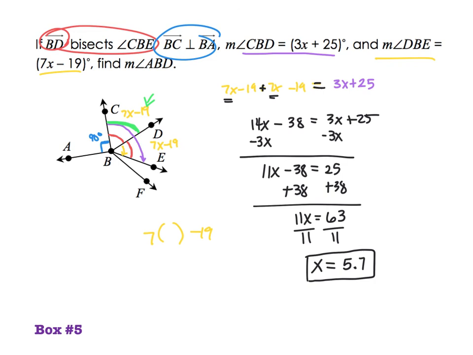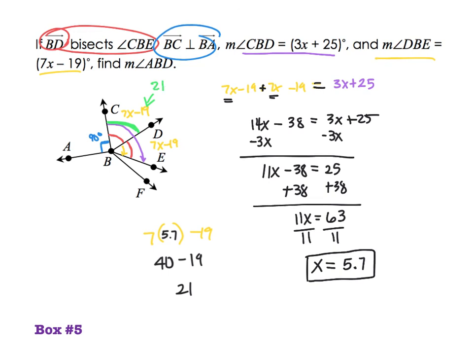I already know what x equals, which is 5.7. So when I multiply 5.7 times 7, I get 39.9. I'm just going to round it to 40. So I have 40 minus 19, which happens to be 21. This green measure right here equals 21.